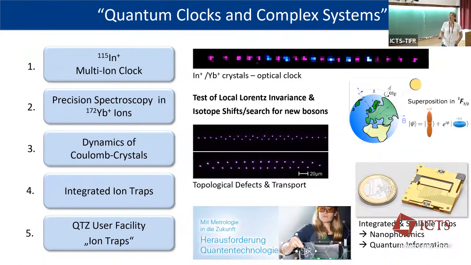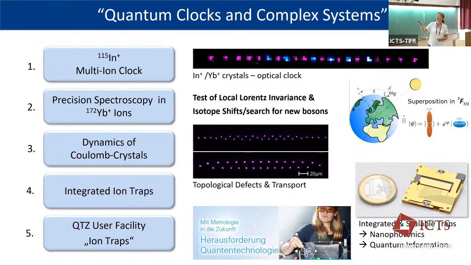So this is just a short overview of how our group looks. Since we're rather large, we are subdivided into 5 teams, 5 dedicated topics. I will mainly focus on the first 2 in these 2 lectures. This is also how it started out. We proposed the concept of a multi-ion clock in 2012, and you will hear about this during this optical clock lecture.